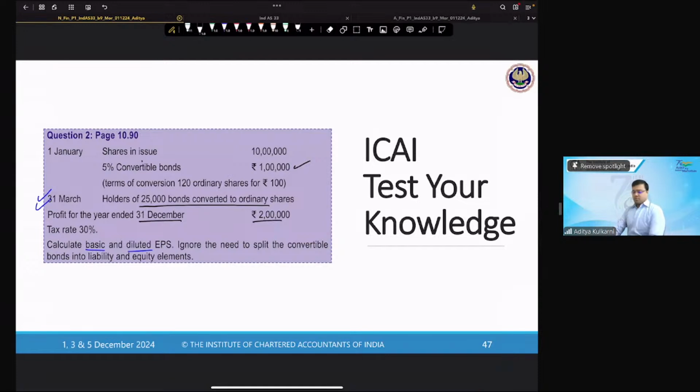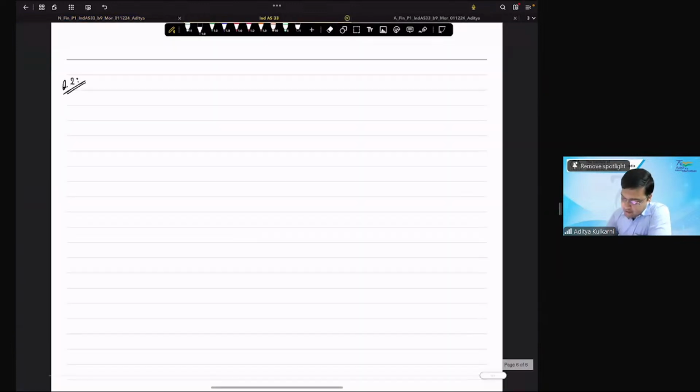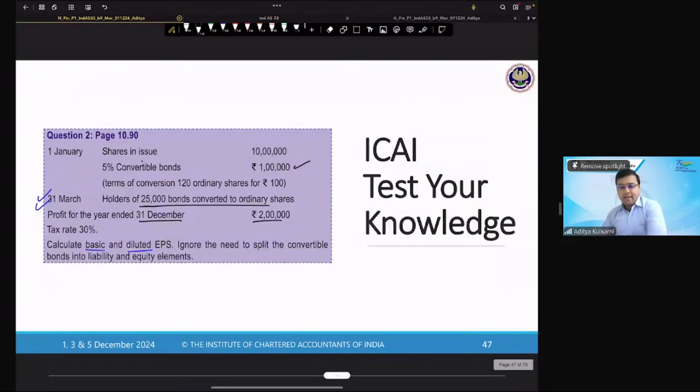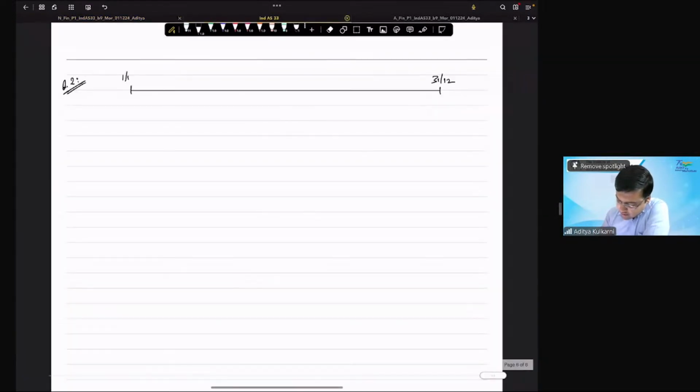Now, if I look at the timeline, calendar year, so 1st of January to 31st of December. And then I am having a conversion that happens on 31st of March.